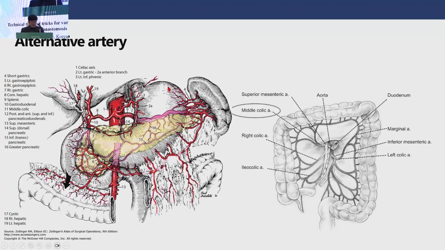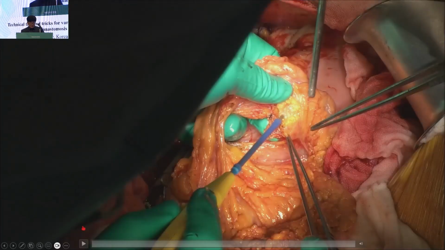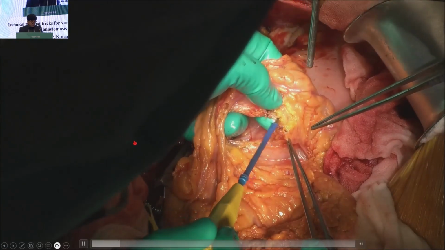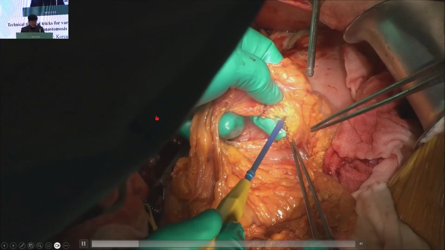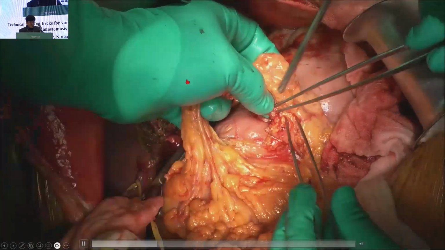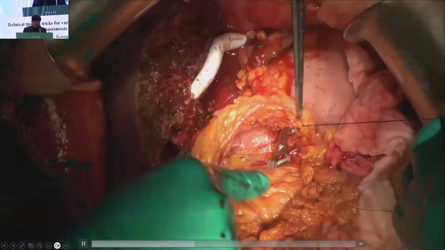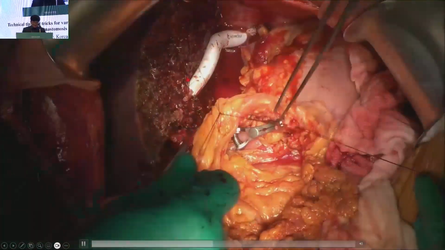If the native hepatic artery is unusable, an alternative inflow source must be considered. The right gastroepiploic artery is often selected, but any artery is usable. In this case, it is the right gastroepiploic artery, which is the most commonly used alternative when the right hepatic artery cannot be used.